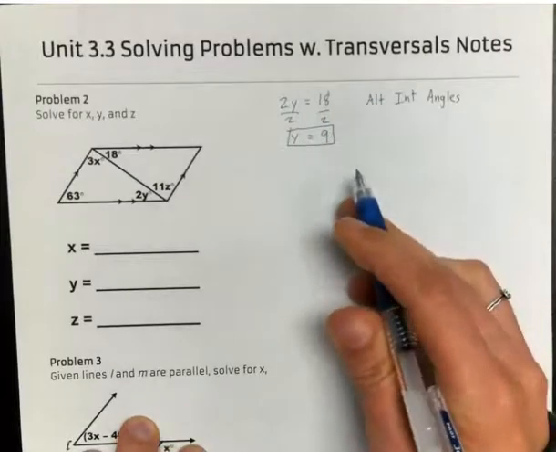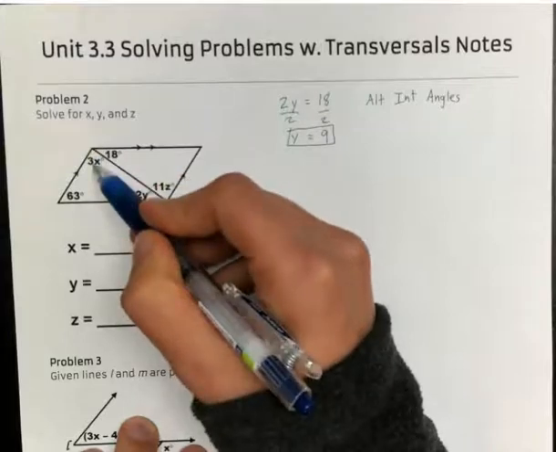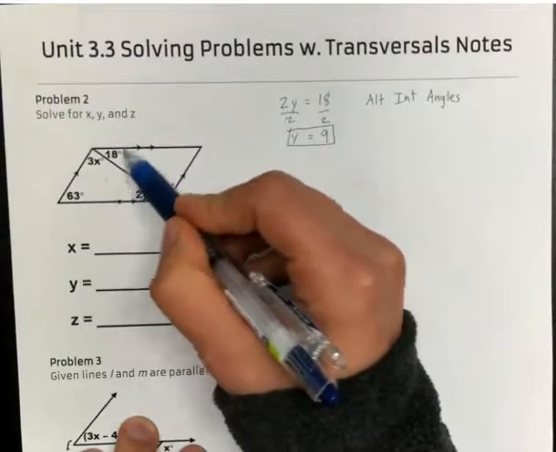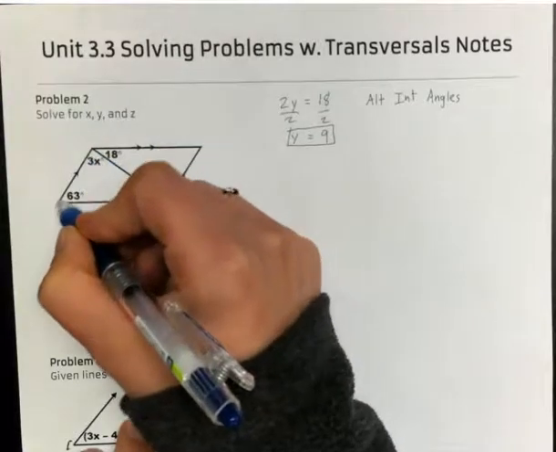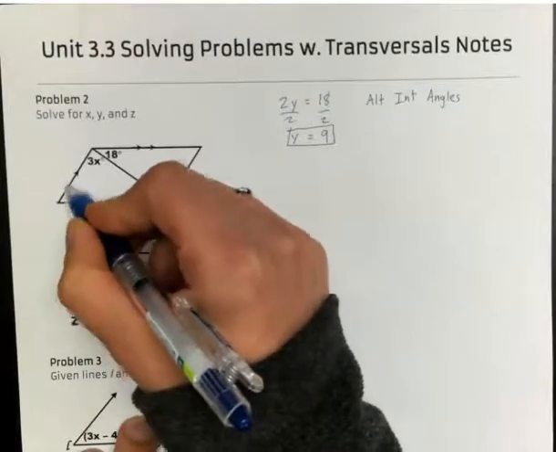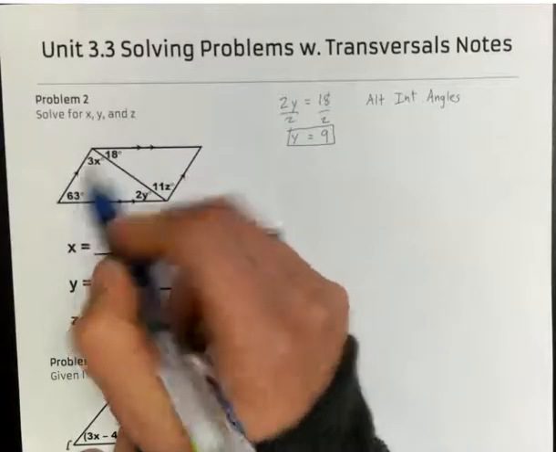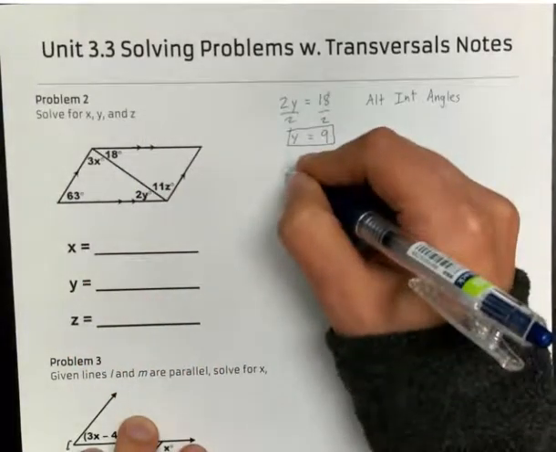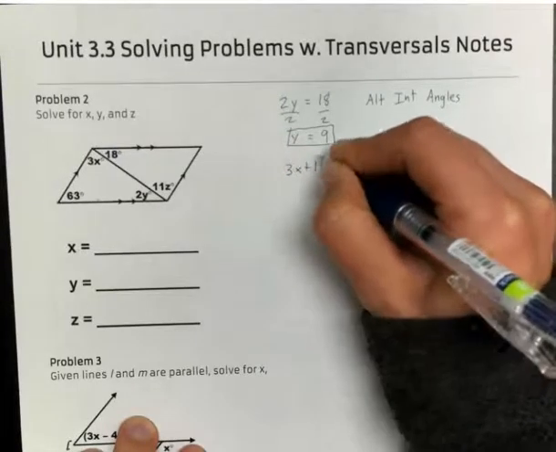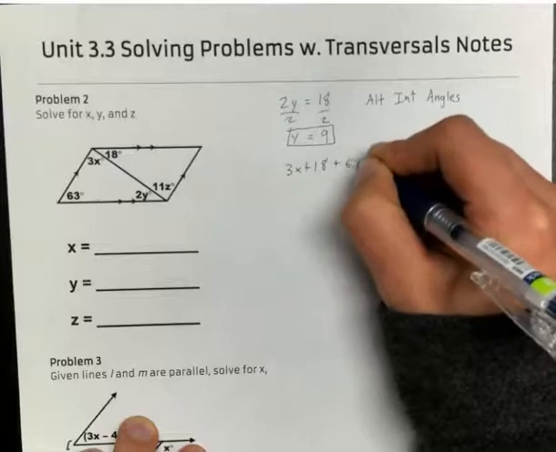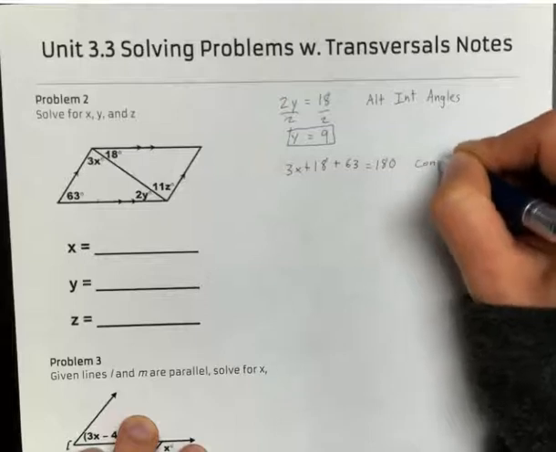Alright, next I can solve for x. I have this 3x right here plus this 18 right here can make a consecutive interior angles right here with the 63. So this plus 63 equals 180 because of consecutive interior angles. So 3x plus 18 plus 63 equals 180 because consecutive interior.